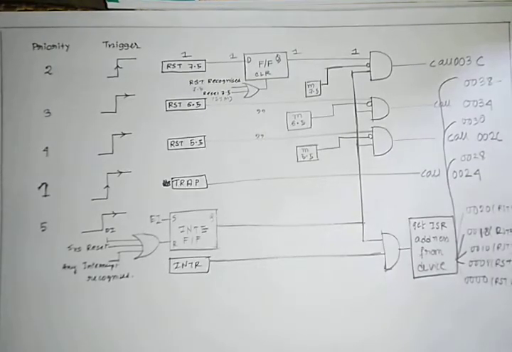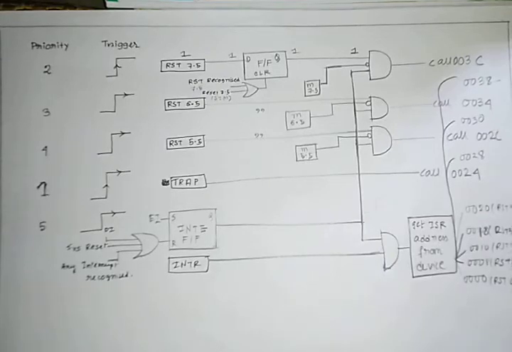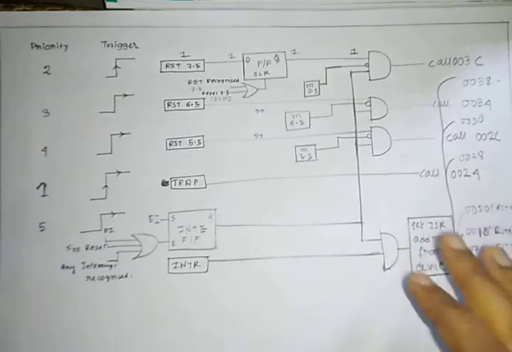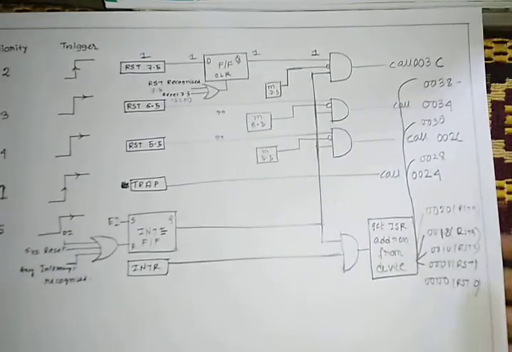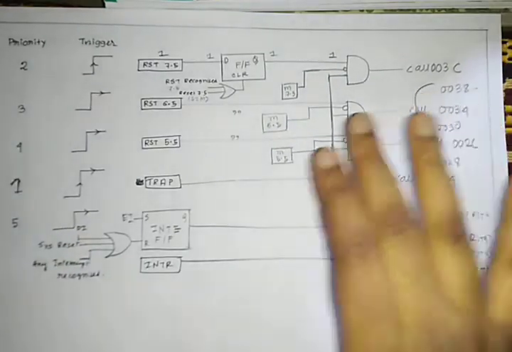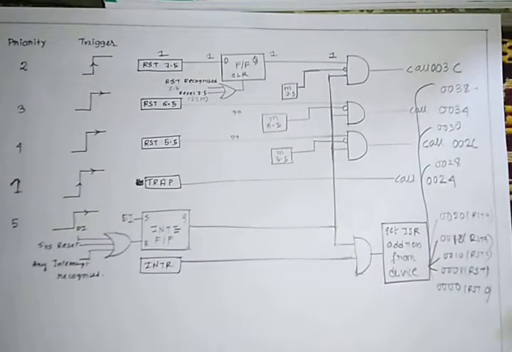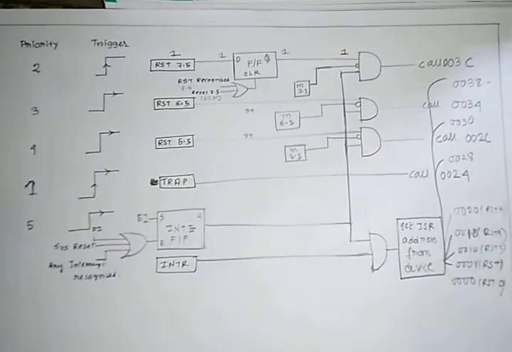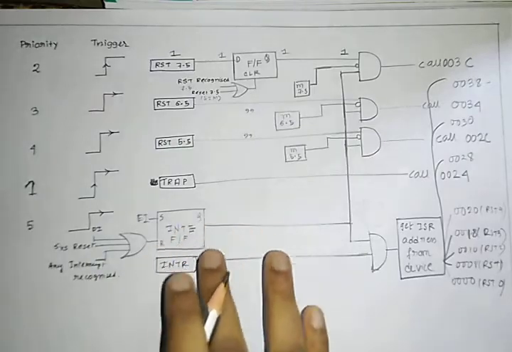Now the big diagram comes. Don't get scared. If you understand the properties of the 5 interrupts well, then this will be an easy diagram for you. So what is it? This is the design of the circuit, which is originally on the chip. So we need to know how this functions.